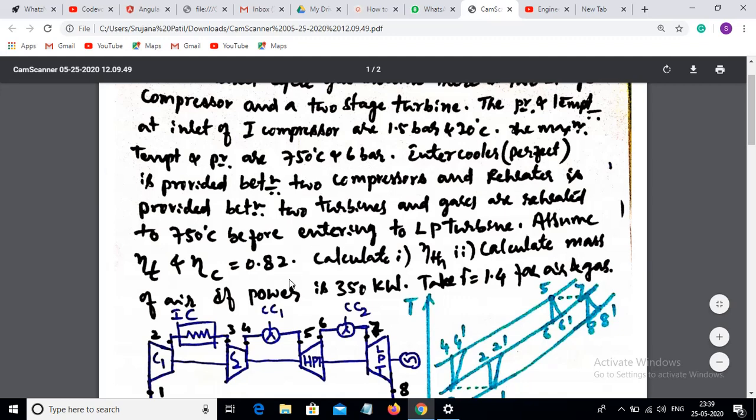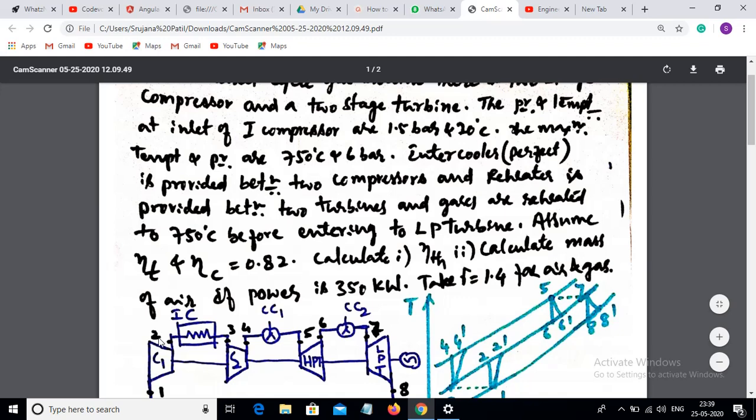So where do we get the maximum temperature and pressure? Here the air enters the first compressor at 1.5 bar and 20 degrees centigrade. After it is compressed, the pressure will be increased. This pressure is called P2, the intermediate pressure, so its temperature also increases, that is T2 dash.